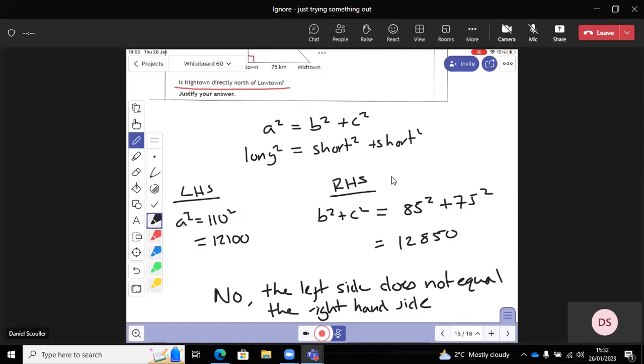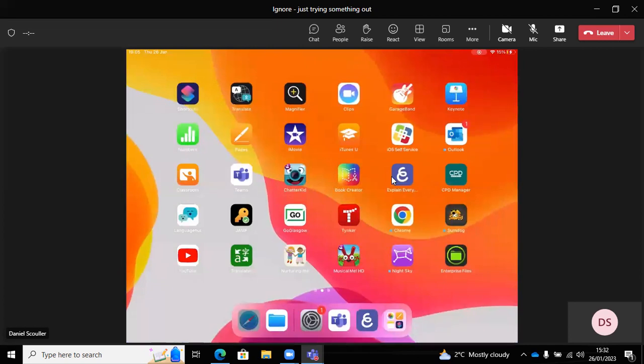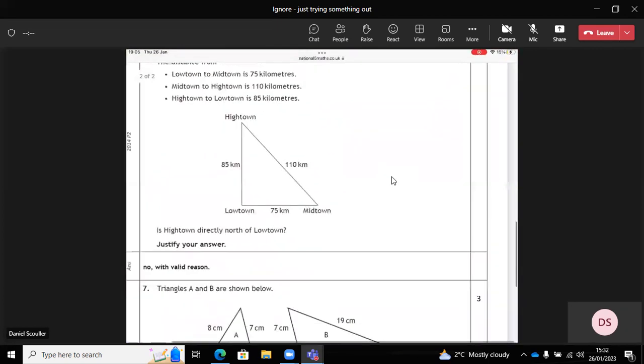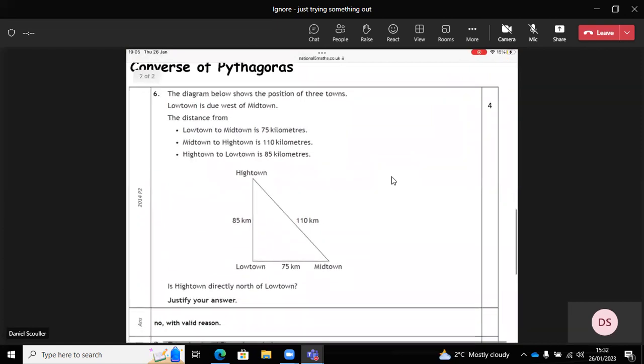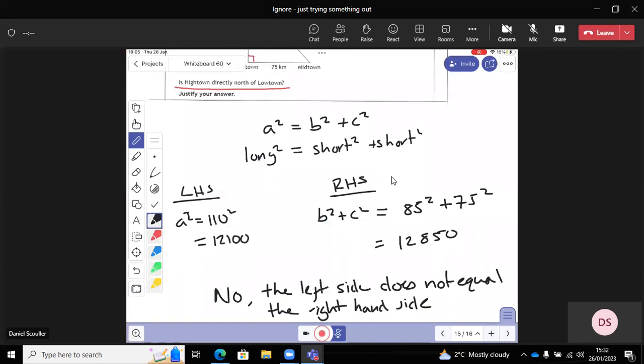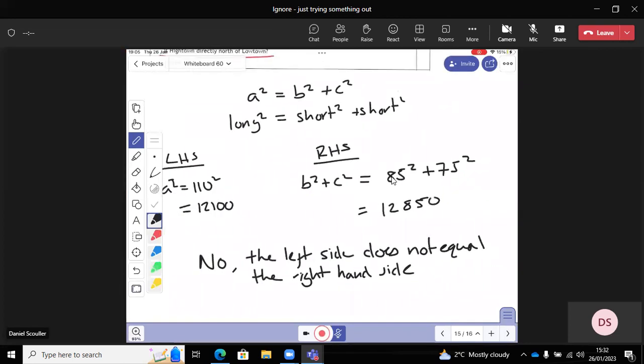Let me just put that on. No, with valid reason. So no, the left hand side does not equal the right hand side, referring to that equation.